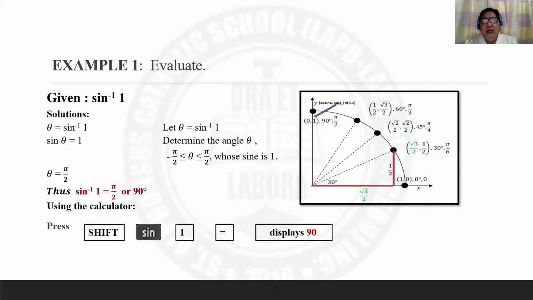So 90 degrees is also equivalent to pi over 2. You can use the concept of the unit circle, or you can use your calculator. And take note, 90 is simply 90 degrees, so all you have to do is indicate the degree unit for your final answer.